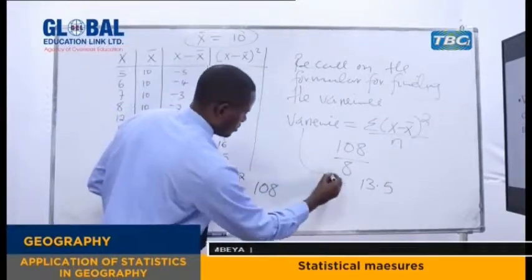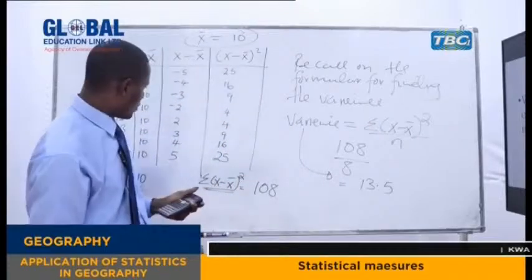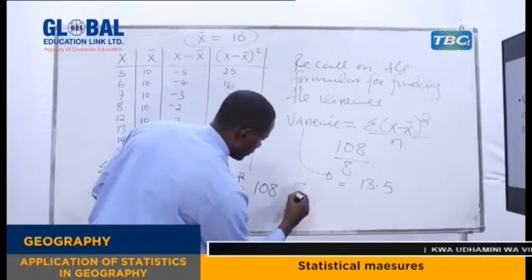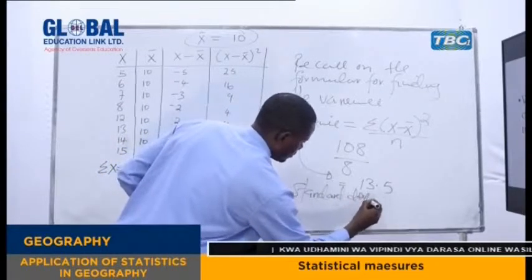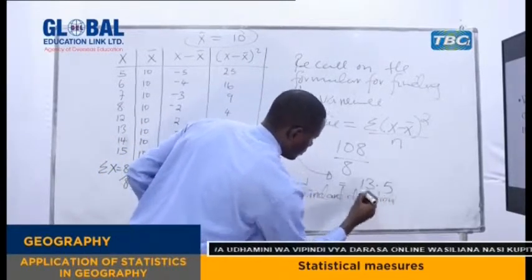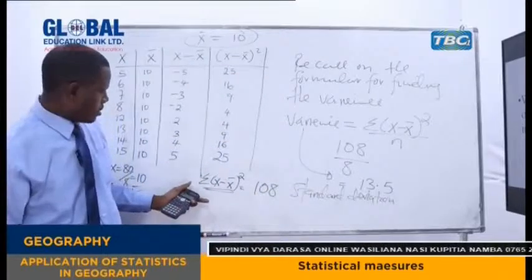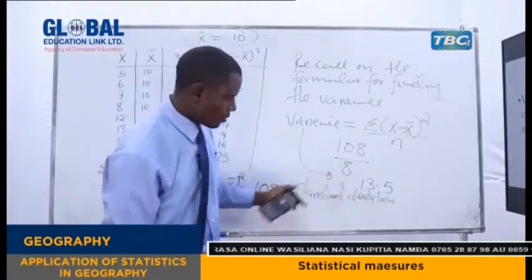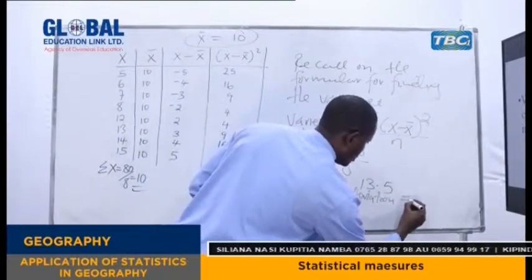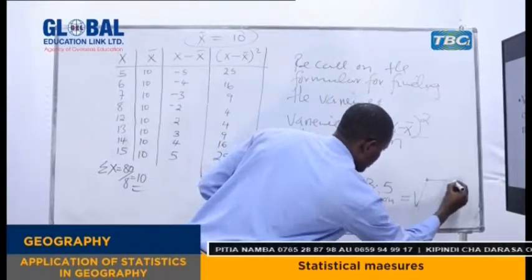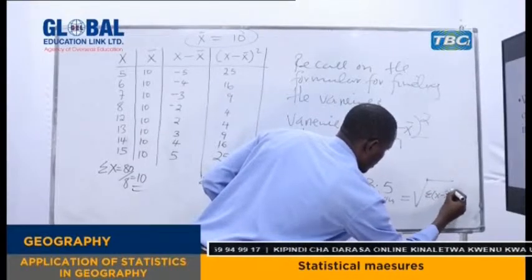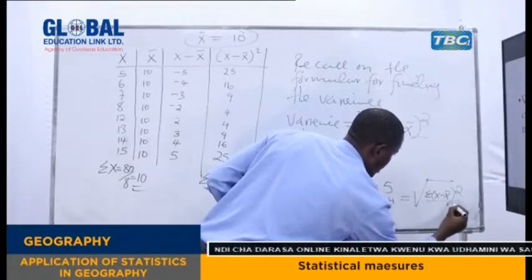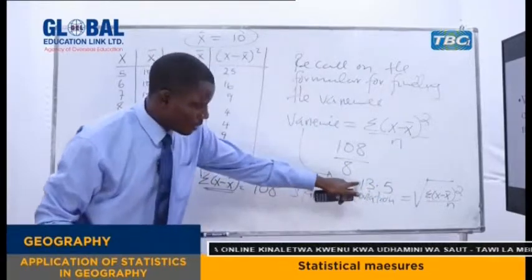Now, the second aspect is the standard deviation. As we said, it is given by taking the square root of the variance. So it is equal to the square root of the summation of (x minus x bar) squared, divided by n. Already we have 13.5.